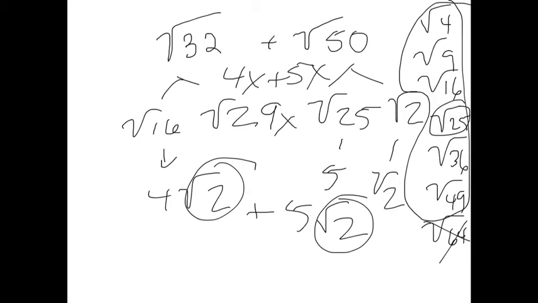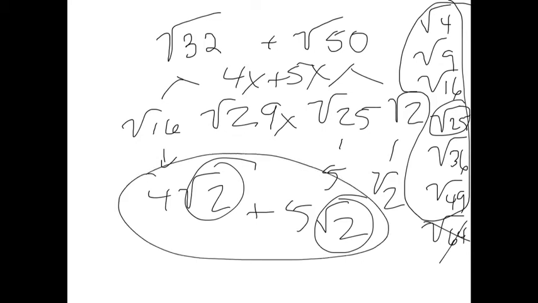You couldn't add it if it was 5x, 4x and 5y. Just like you couldn't add these two simplified versions if this was 4 rad 2 but this was 5 rad 3. You can only simplify them if the number that remains underneath the radical is the same.